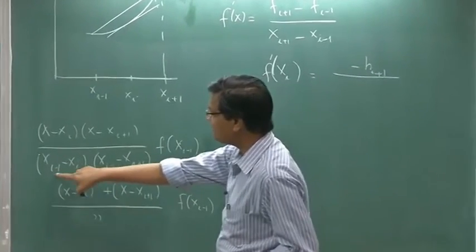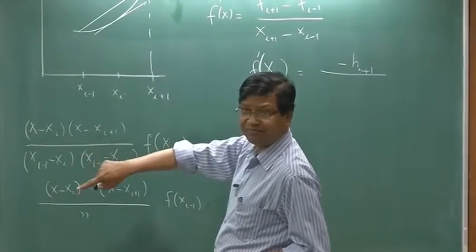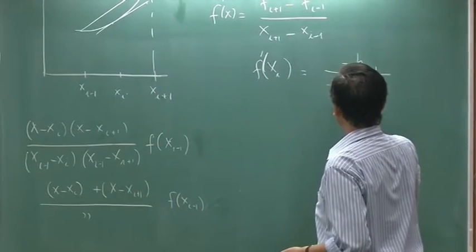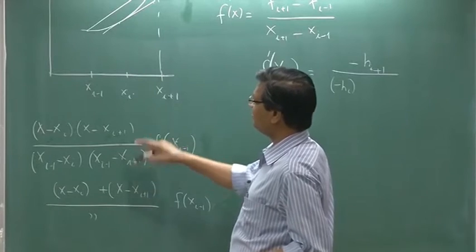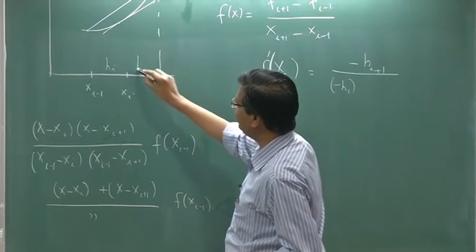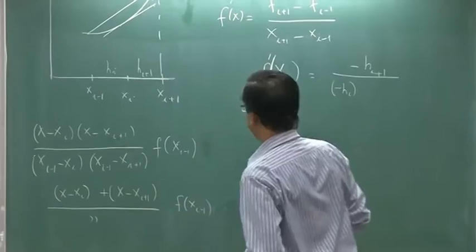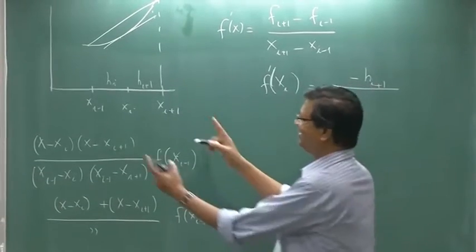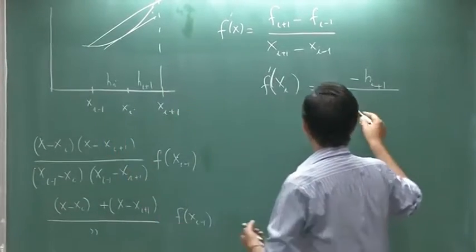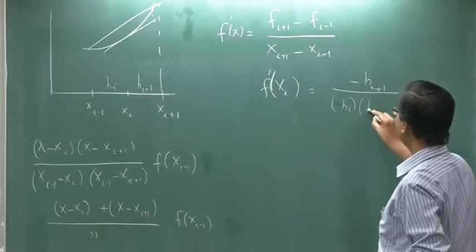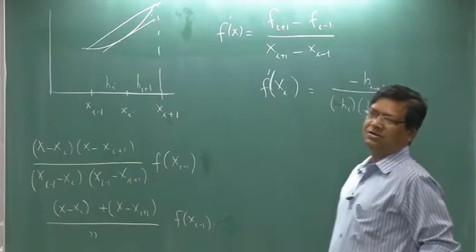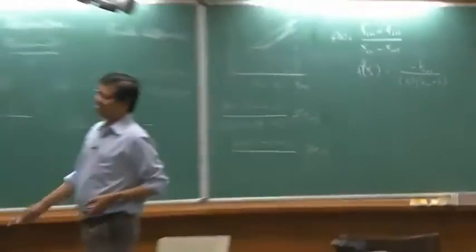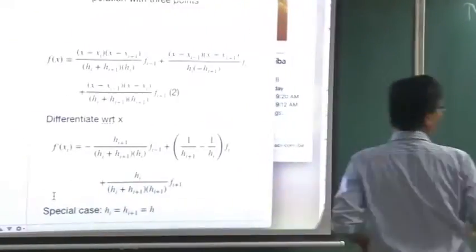So, xi minus 1 minus xi is minus hi, and what about this? This is hi and this is hi plus 1. So, you have to add them together, it is this difference. Minus minus becomes plus, so I am going to write it as hi plus 1. So, this is the first term, and fi minus 1 of course.